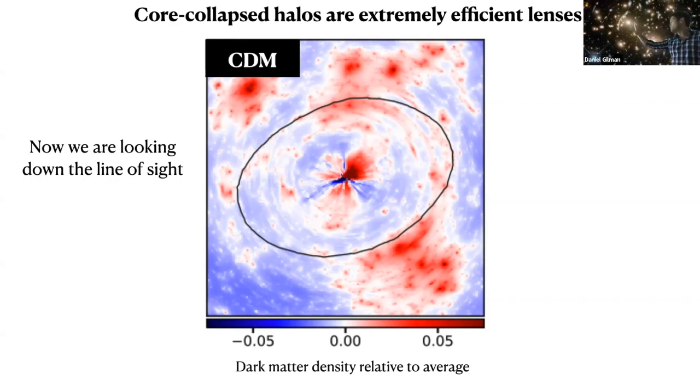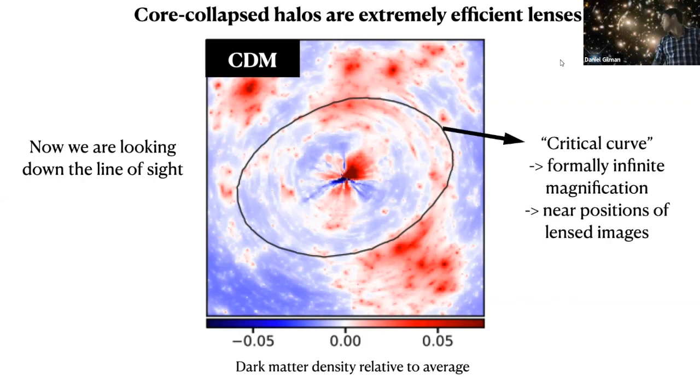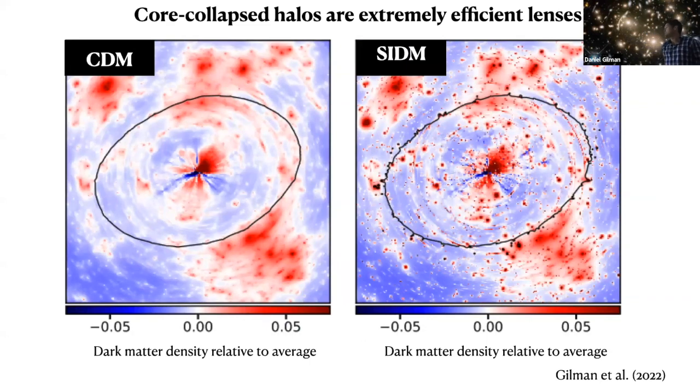So if I take all of these halos and I randomly make some of them core collapse, you change this picture. Okay, sorry, before I go to that, this curve here is called a critical curve. So if this were a lens, you would see images near the critical curve. Keep that in mind. If I make that same picture, but now I allow some halos to core collapse, you get this realization on the right.